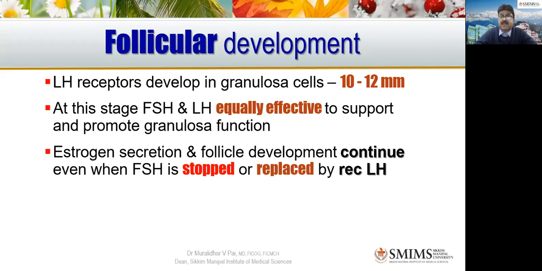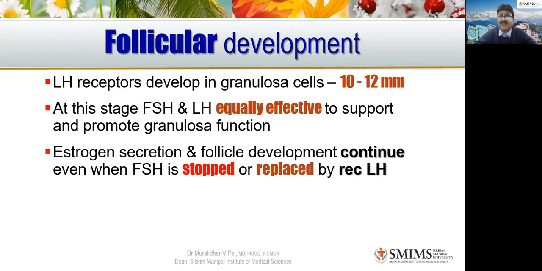Estrogen secretion and follicle development continue even when FSH is stopped or replaced by recombinant LH. That's the beauty. So estrogen will still be secreted. It has the memory, shall I say, because LH is going to stimulate the theca cells, and androgens come into the granulosa cells. Now granulosa cells basically respond to FSH, but after 10 to 12 millimeters, they also respond to LH because they develop the LH receptors, and then they continue with their job of producing estrogen.